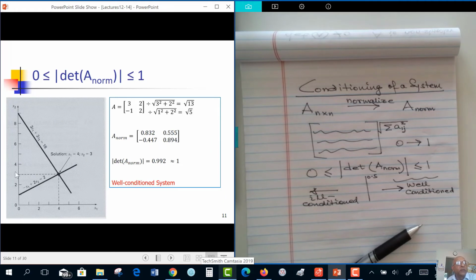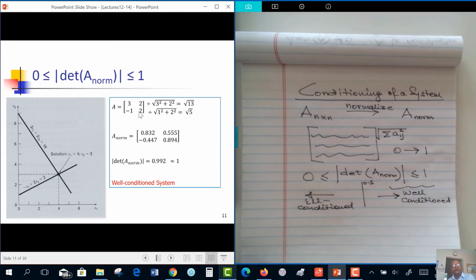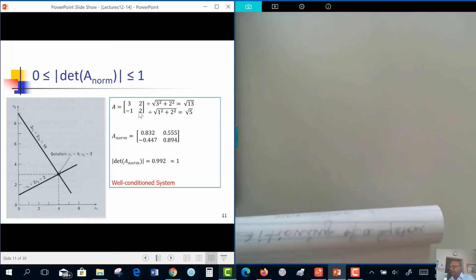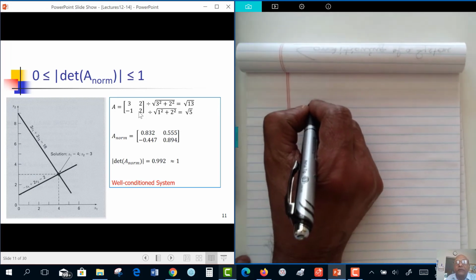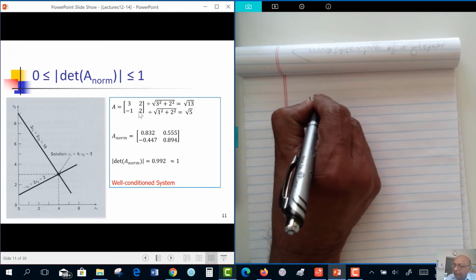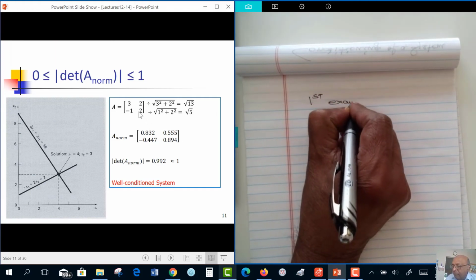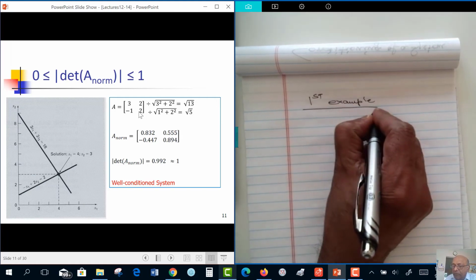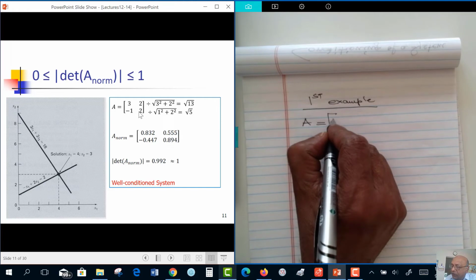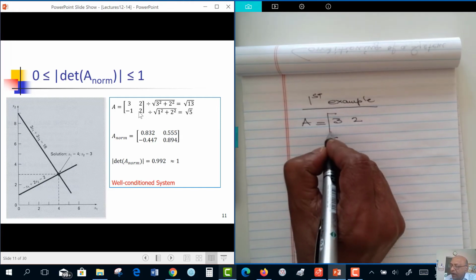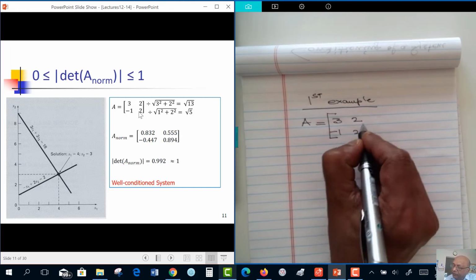So this was our first problem. So our matrix was 3, 2, minus 1, 2. So we normalize it. So first example, our matrix A is 3, 2, minus 1, 2.